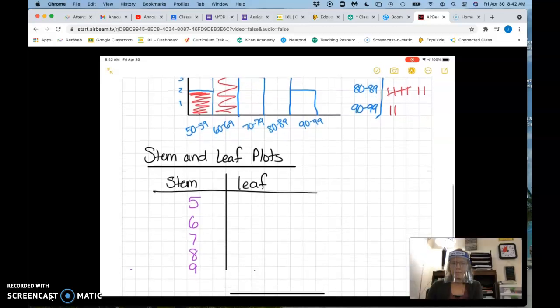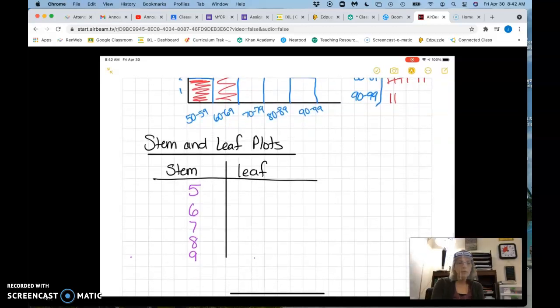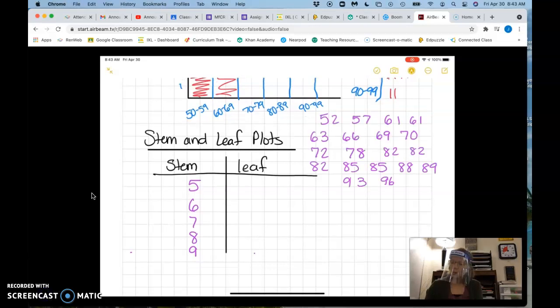So those are my values for the tens place. Those are my stems. So here's all our test scores, and we're going to do the leaves now by writing the ones place. So I have a 52 and a 57. And remember, when you're doing your leaves, you're lining the numbers up in columns so that you can see which one has more data in it. That's the point of this type of table.